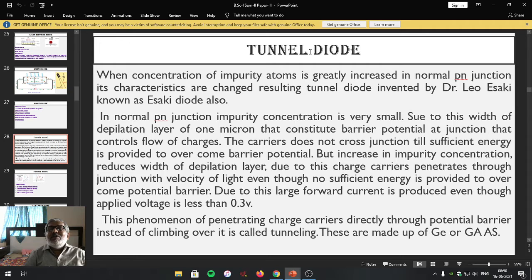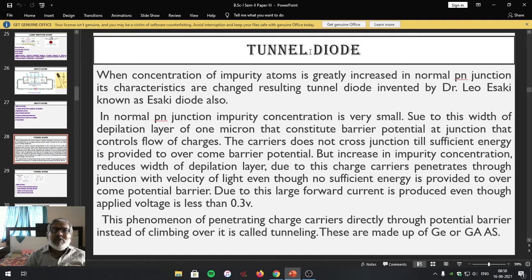Such a tunnel diode is obtained by increasing the doping concentration of the impurity atoms in the normal p-n junction diode. So this is what is to be done to convert a simple p-n junction diode into a tunnel diode.